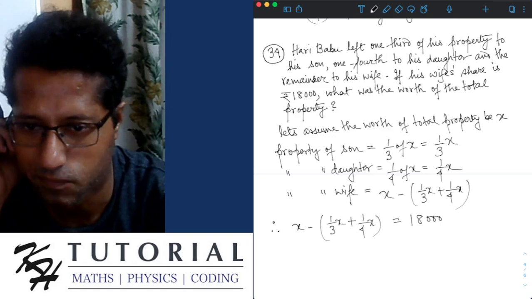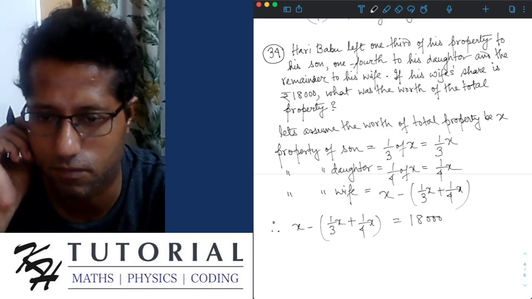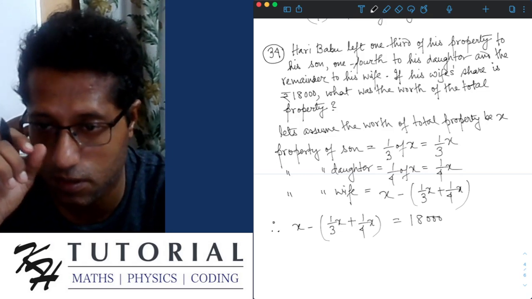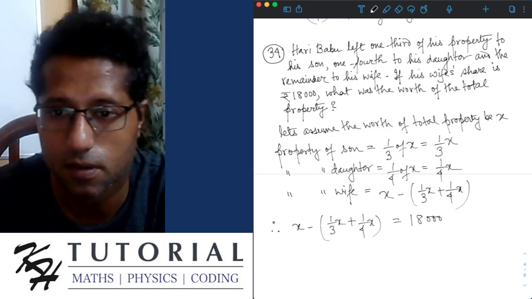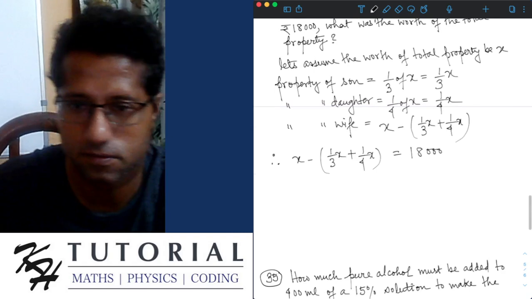So from this linear equation we have to solve for x.